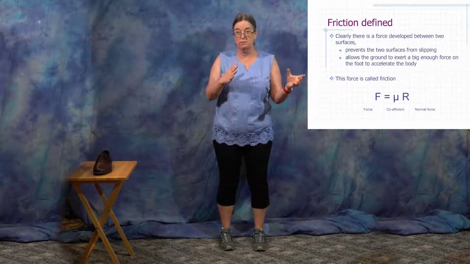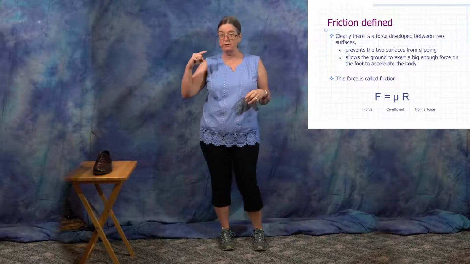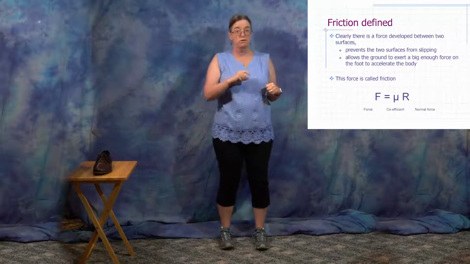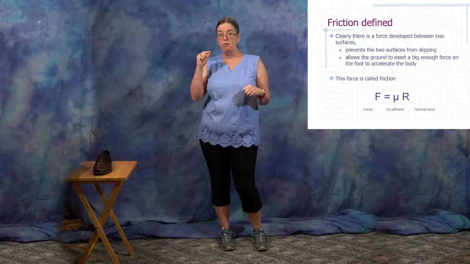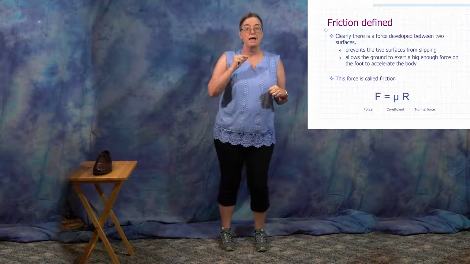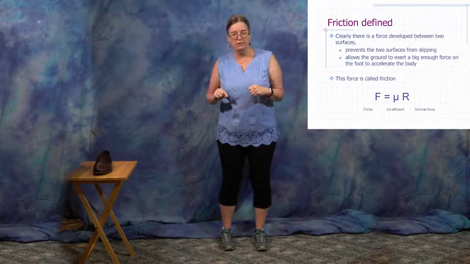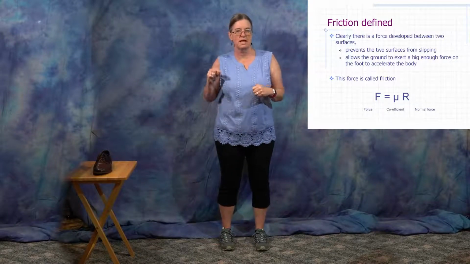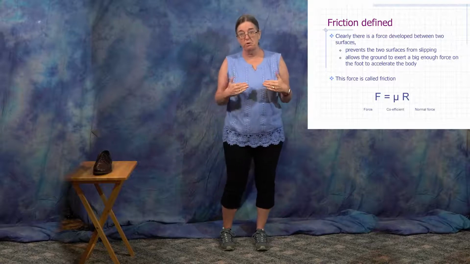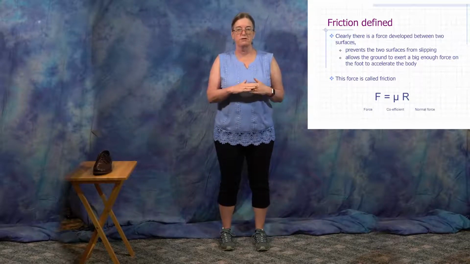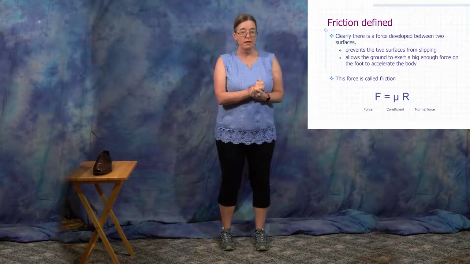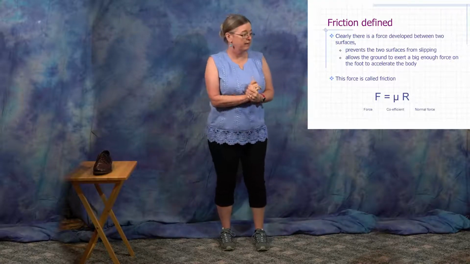Because we think of Newton's second law, force equals mass times acceleration. So the only way we can accelerate horizontally is to have a horizontal force acting on us, and the only place we have for a horizontal force when we're walking is that connection between our foot and the ground. This force is called friction.